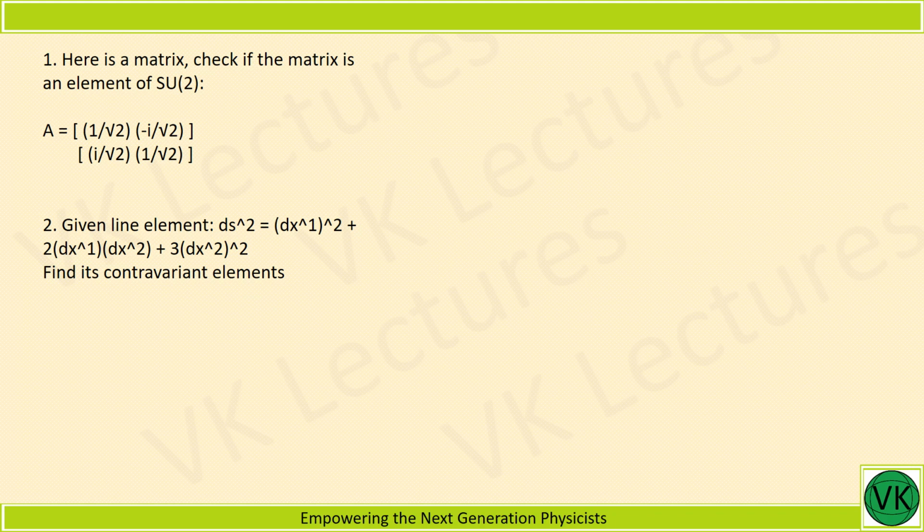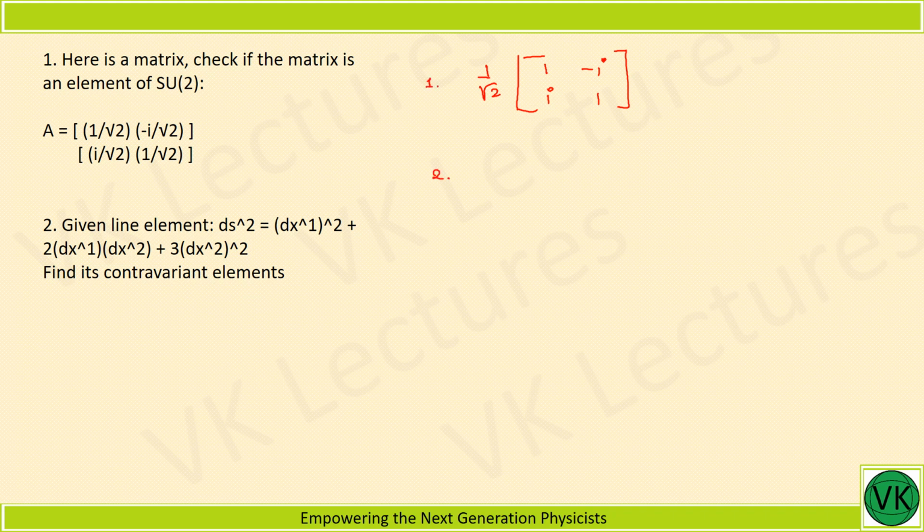As practice work, we can find the answers to these questions. The matrix is given, and we have to find whether it is an element of SU(2). The matrix is 1 by root 2 times 1 minus i, 1. This is question number 1.